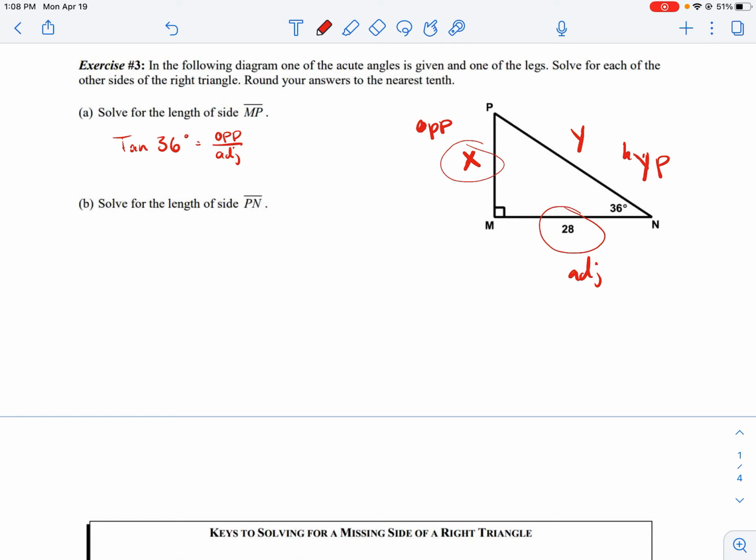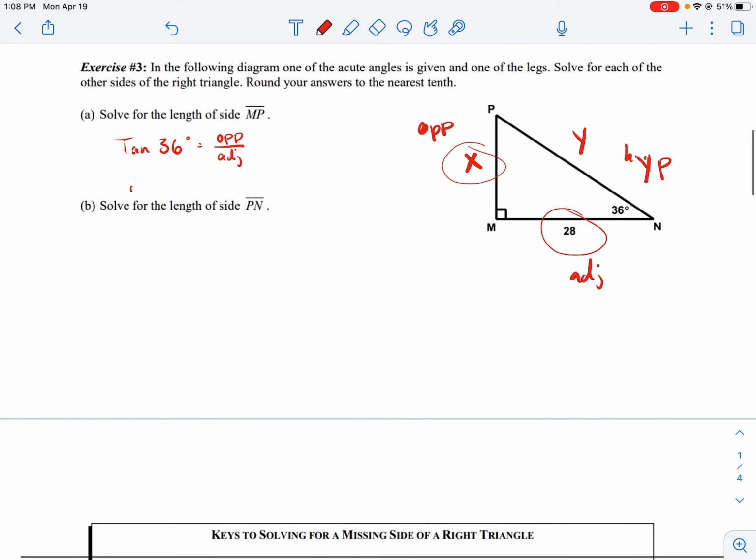For any right triangle that has an acute angle of 36 degrees, the ratio created by the opposite and adjacent side in reference to that angle is going to be 0.726542.